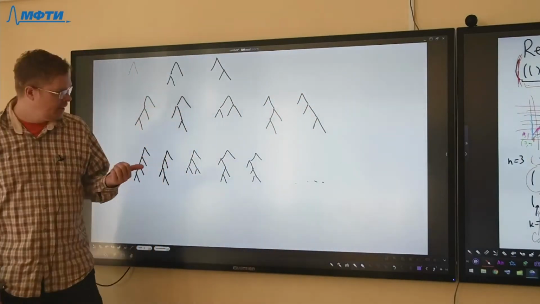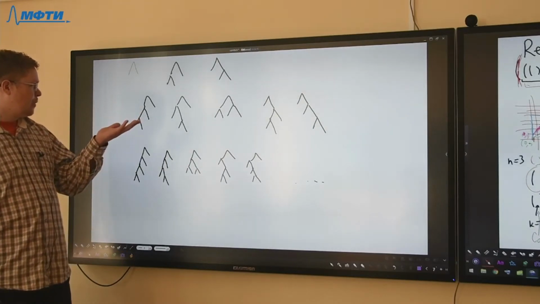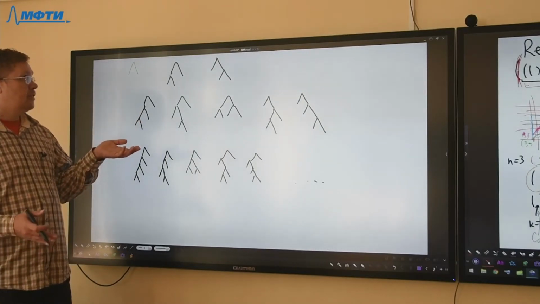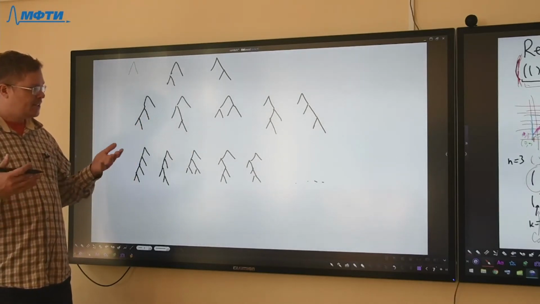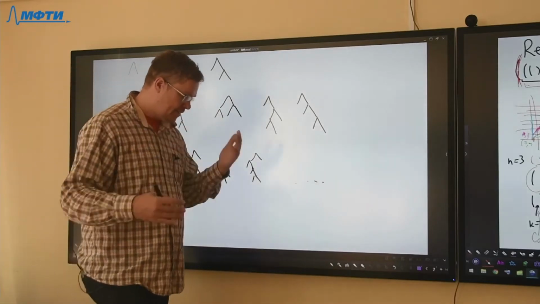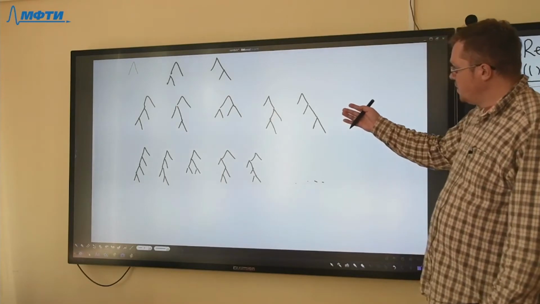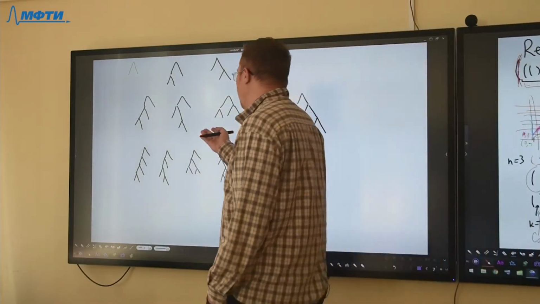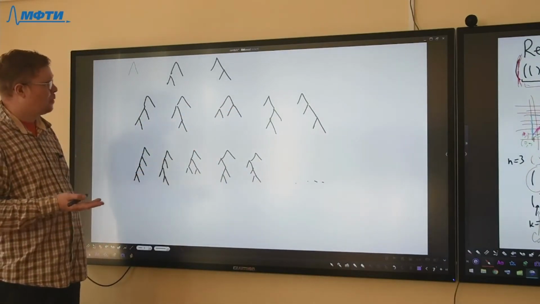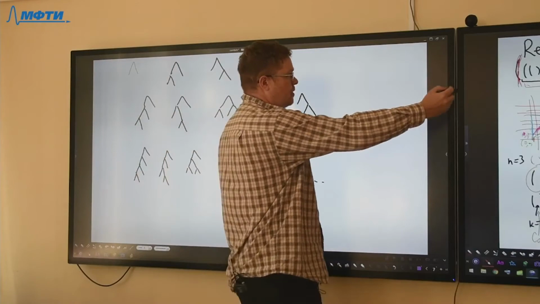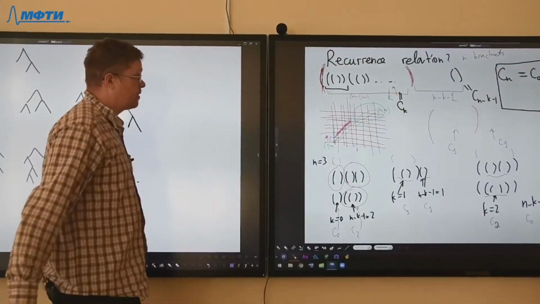So again, I can just look at this picture and try to find how to partition these trees into different types such that they have a repetitive structure. How can we divide these binary trees into smaller trees? I want to find the analog of this first opening and closing bracket here.